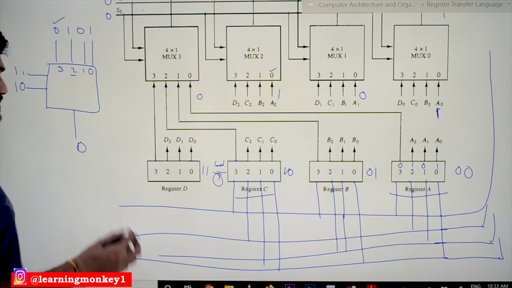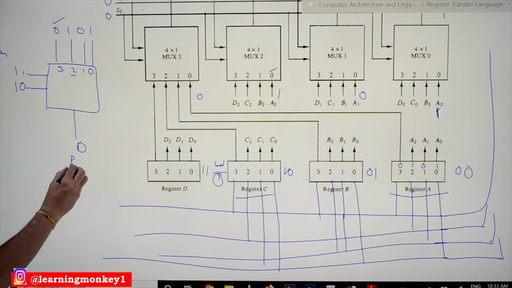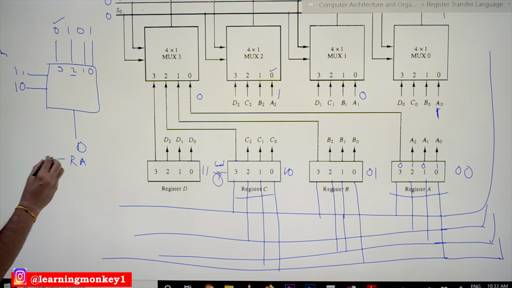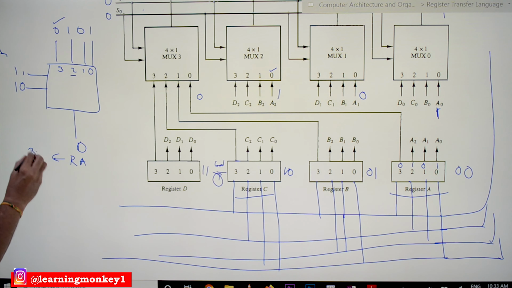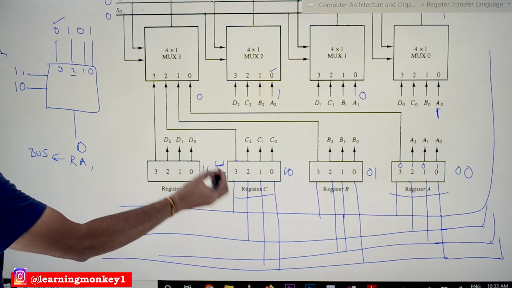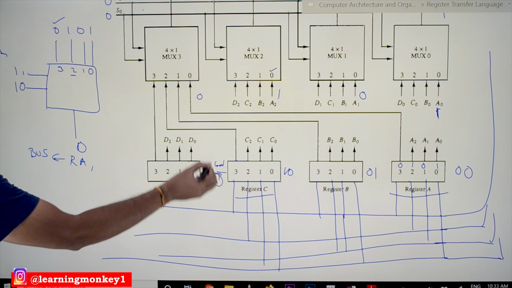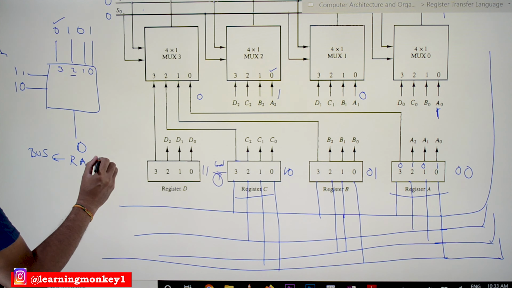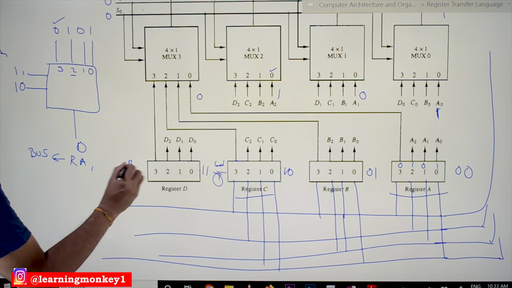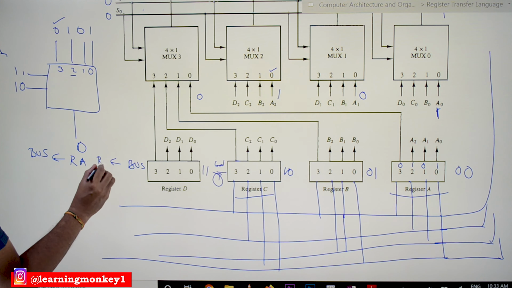And what is the register transfer language for this? RA content will get transferred to bus. Okay, and what happens is, if simultaneously the load value is provided, now the value in the bus will be transferred to RC.